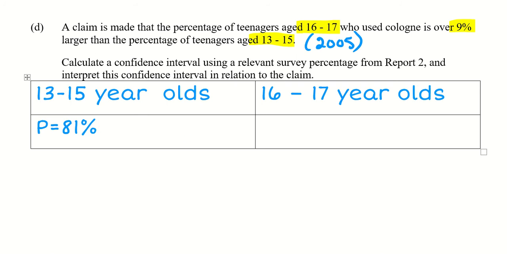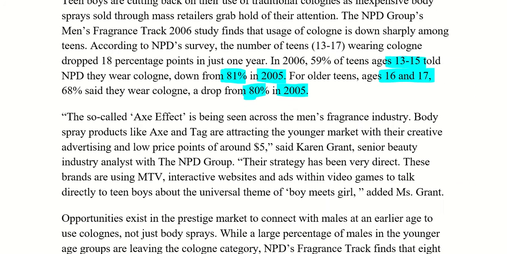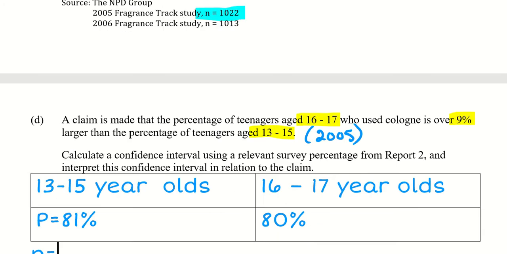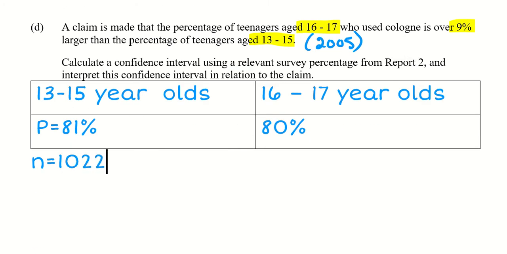And for 16 to 17 year olds, we have a proportion of 80%. And we also know for the 2005 study, the sample size is 1,022. Okay, so there's our information from our report.